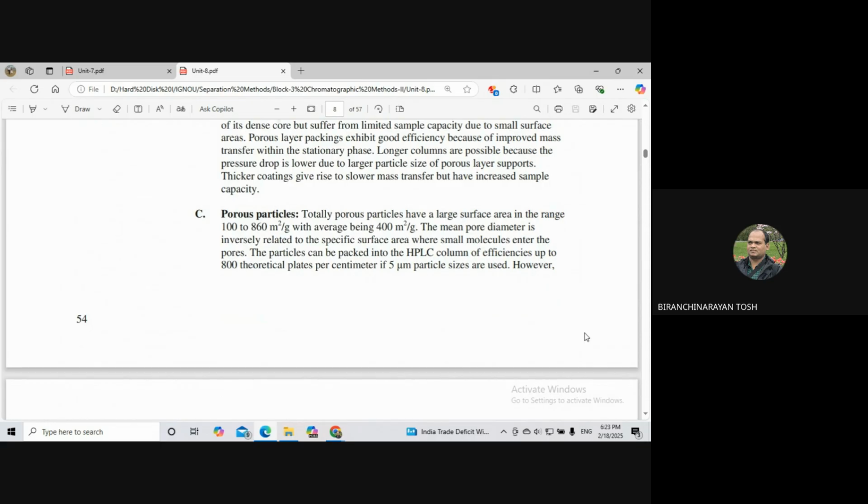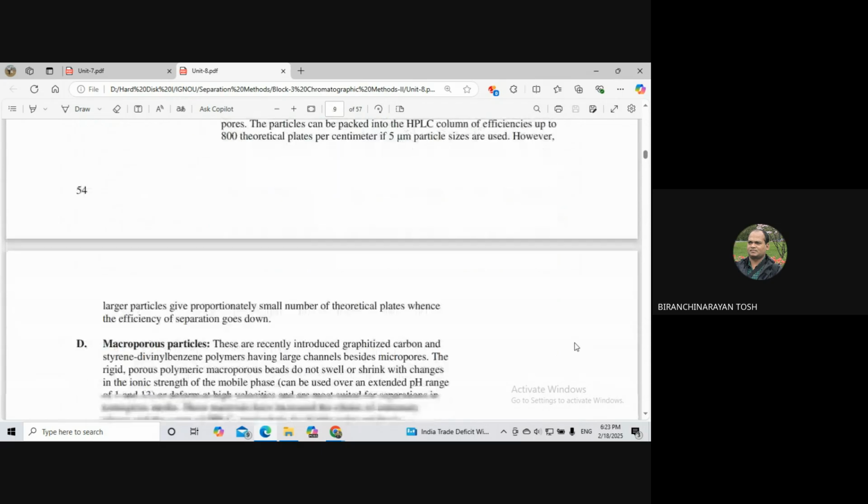The particles can be packed into the HPLC column with efficiencies up to 800 theoretical plates per centimeter if 5 micrometer particle size is used. However, larger particles give proportionately fewer theoretical plates, hence the efficiency of separation goes down.